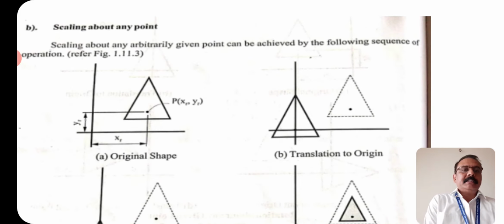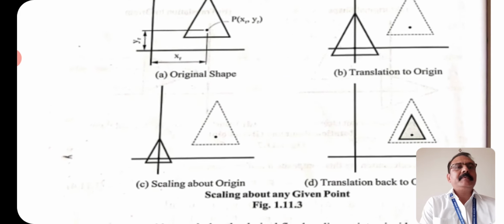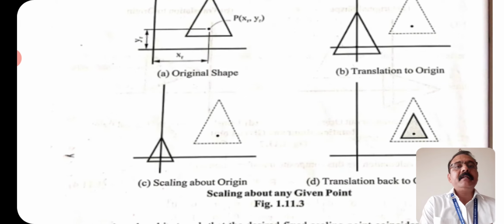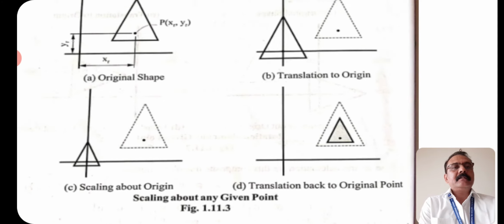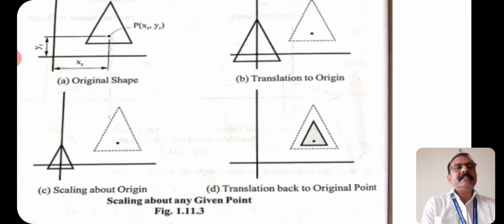Translate the object, here a triangle is given, such that the scaling point coincides with the origin, figure B. Figure C: then perform the scaling operation about the origin. And last, we perform one additional operation, that is translation. Therefore figure D shows inverse translation.